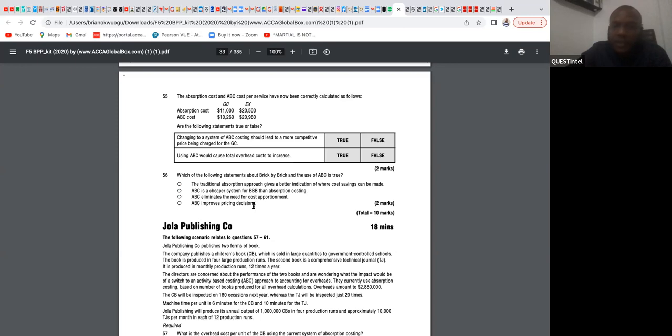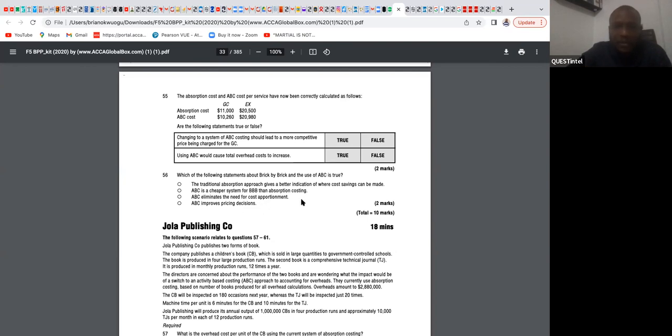ABC improves pricing decisions. Since we've gotten to the end, that can only be the correct answer. And we saw that when we're using 6.71 as compared to 7.76, if we had a more accurate allocation of costs, then we would have better pricing decisions. So ABC will improve pricing decisions, true.